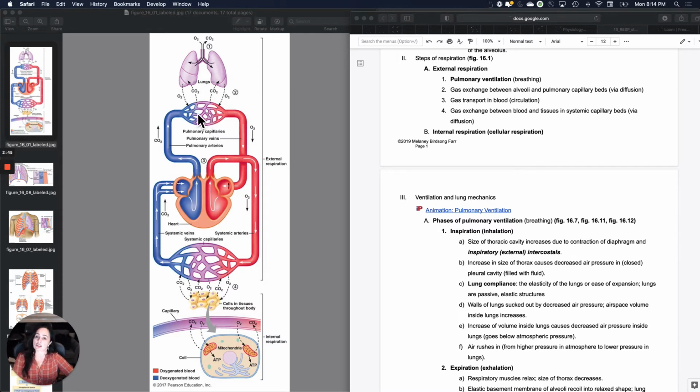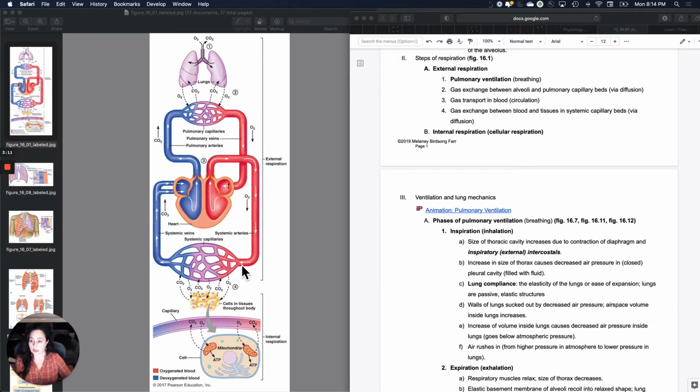What will actually happen is now the blood is delivered back to the left atrium of the heart. And then we are going to circulate that blood and the gases in it through systemic circulation. Through systemic circulation, we are going to deliver that high oxygen, low carbon dioxide blood through systemic capillary beds.